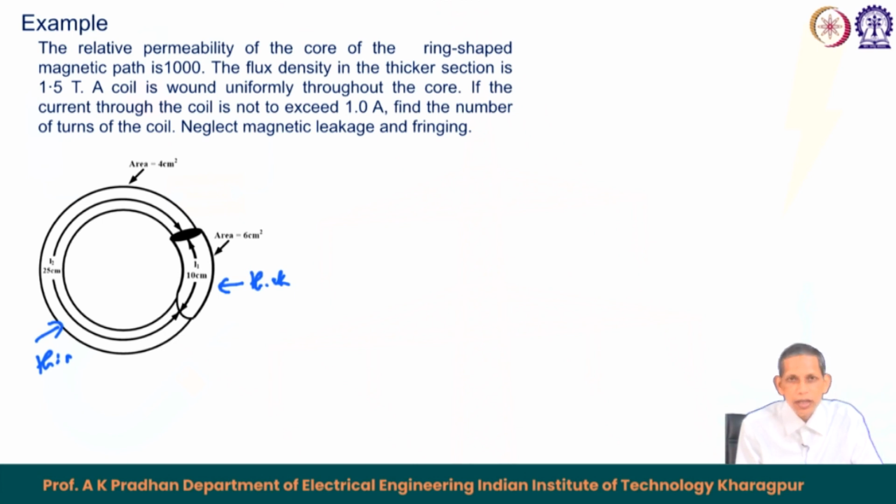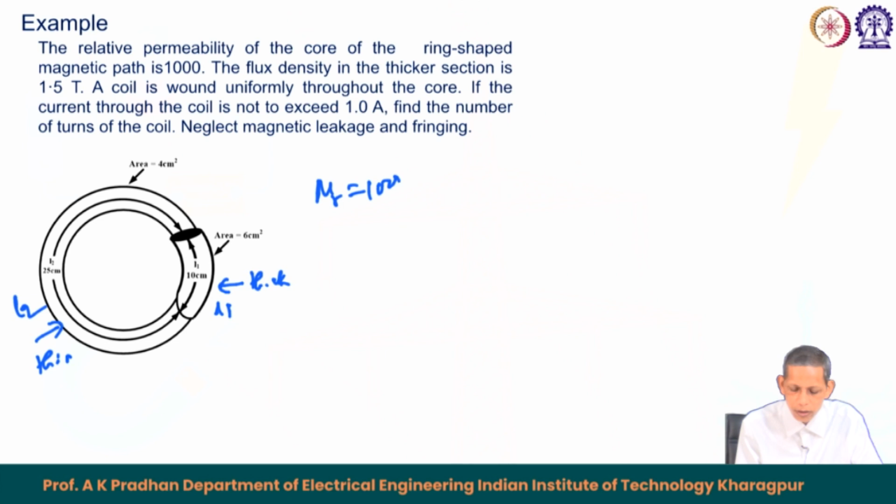The area of this one is larger and the area of this one is smaller, and they have different lengths L 1 and L 2. L 1 in this case is 10 centimeter, L 2 is 25 centimeter, and the area of the first one is 6 centimeter square and the area of the thinner one is 4 centimeter square.